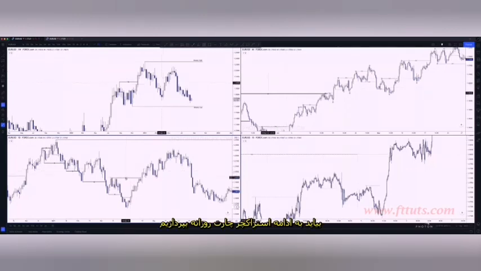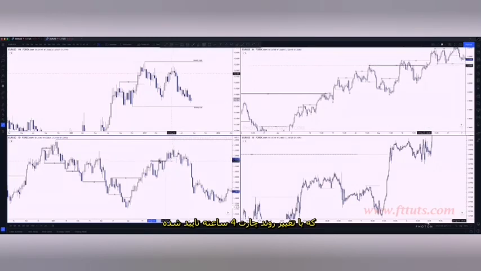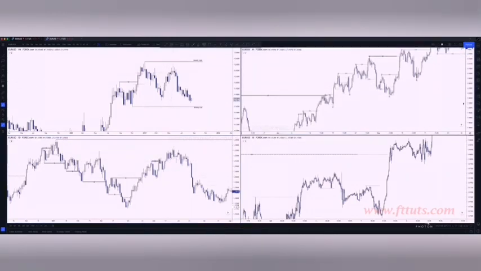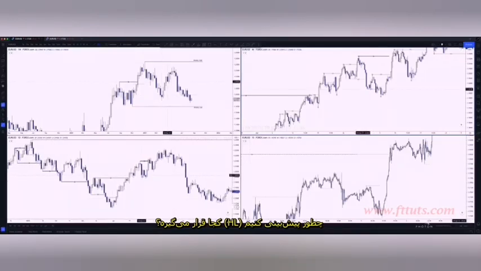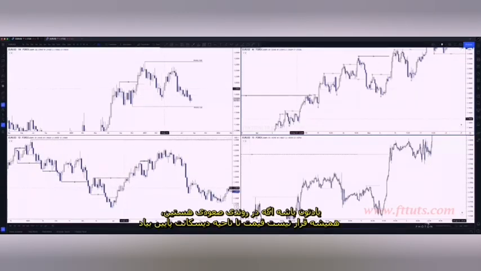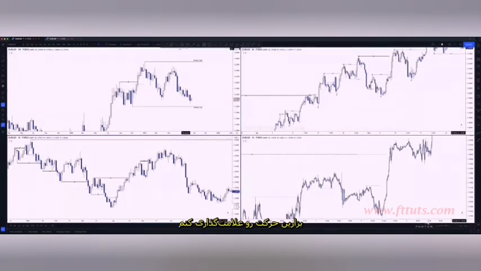Okay, so let's draw on the rest of our daily structure. We get that daily pullback, which was then confirmed with the 4-hour trend change. Then how can we start to anticipate where that daily high low is? Remember, it's not always going to come down to the discount if you're bullish. So let me mark that leg on. This is what I mean by premium discount: it's just a tool to help us increase probability.